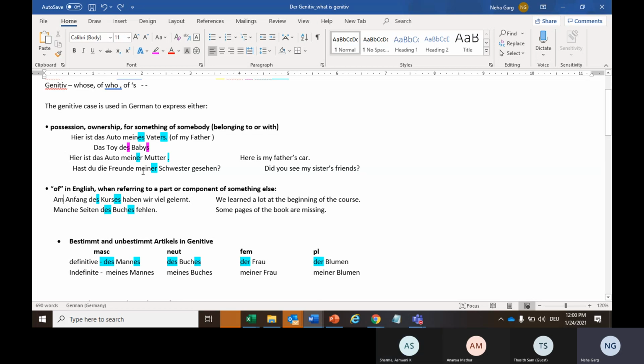Either like my father's car. So there are two ways in English we show possession or ownership: either apostrophe s or we use "of." This is just another example of that, in what type of sentences we use genitive.